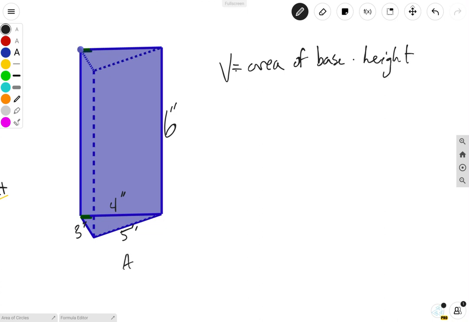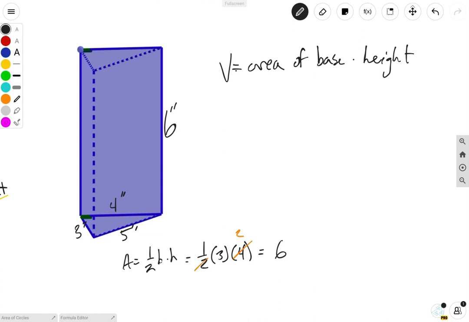So the area of our base, this is a triangle, so it's 1/2 base times height. 1/2, we have 3 times 4. I like to go ahead and reduce as I go, so that reduces to 2 over 1.